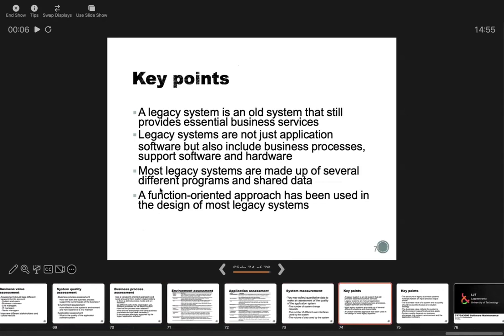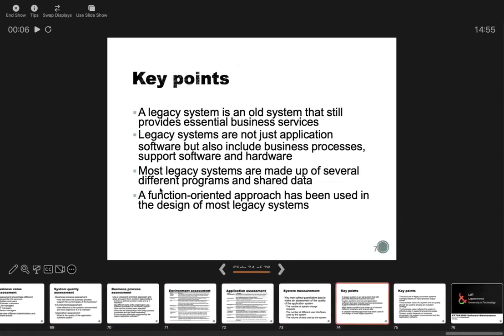So the key points that we've discussed today. A legacy system is an old system that still provides essential business services. Legacy systems are not just application software, but include the business rules, policies, and hardware. Most legacy systems are made of several different programs and shared data.